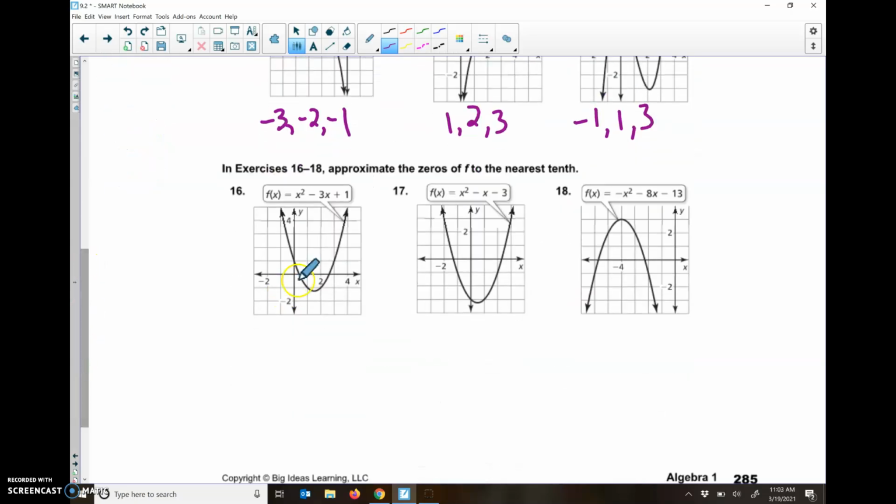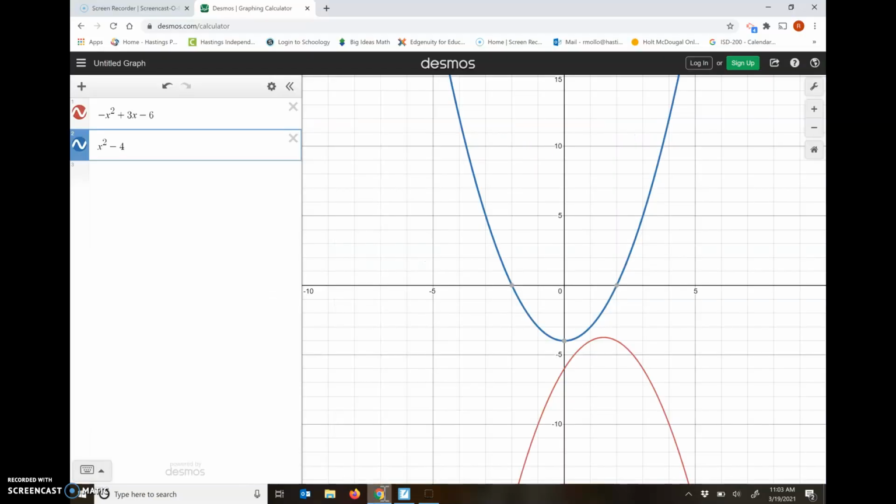These I would definitely put into Desmos because it's going to be really hard to figure out what it is, especially to get it in Big Ideas exactly correct. I can assume here it's around a half, maybe a little less than a half, but I don't want to guess, especially with Big Ideas. It's going to want the exact answer rounded to the nearest tenth. So instead of just guessing, I would just plug it into Desmos.